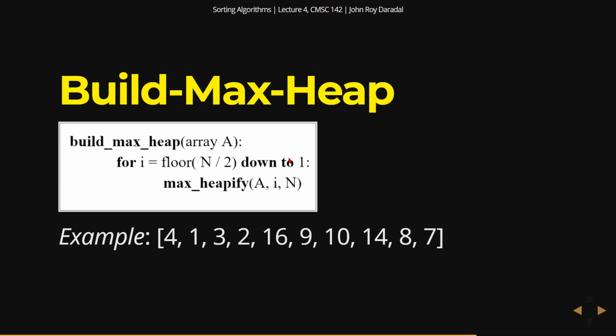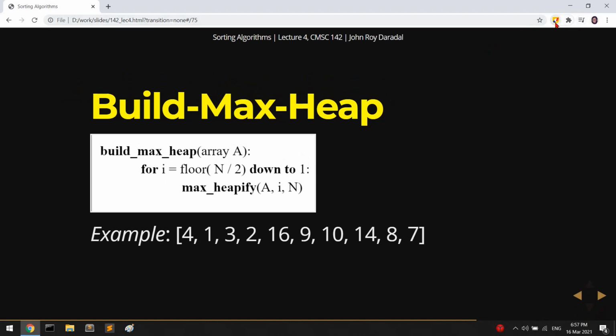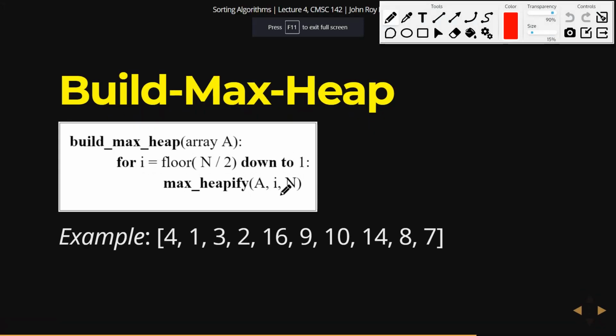So we'll repeatedly call that from half of the array down to 1. If this is the example, this is index 1, 2, 3, 4, 5, 6, 7, 8, 9, and 10. So we'll start at index 5 down to 1, from here all the way to here.